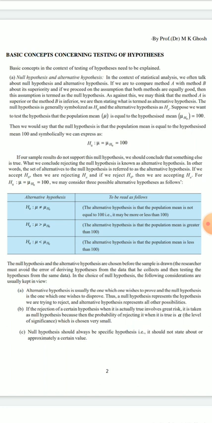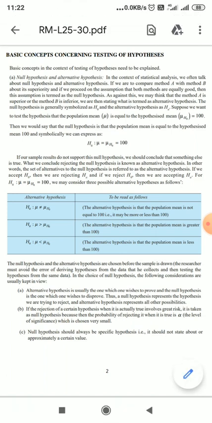Then we would say that the null hypothesis is that the population mean is equal to the hypothesized mean 100. Symbolically, we can express this as H0: mu = mu H0 = 100.